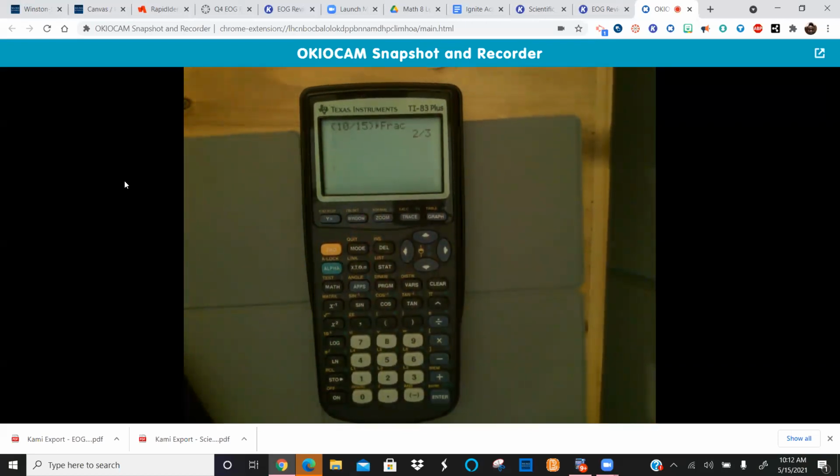Got it? Yes, ma'am. Okay, so we got another one, 8 over, and this time I'm not going to use the parentheses, 8 over, let's say 16, math, enter, and then enter again. Are we good with reducing the fraction? Yes, ma'am. Okay, all right.